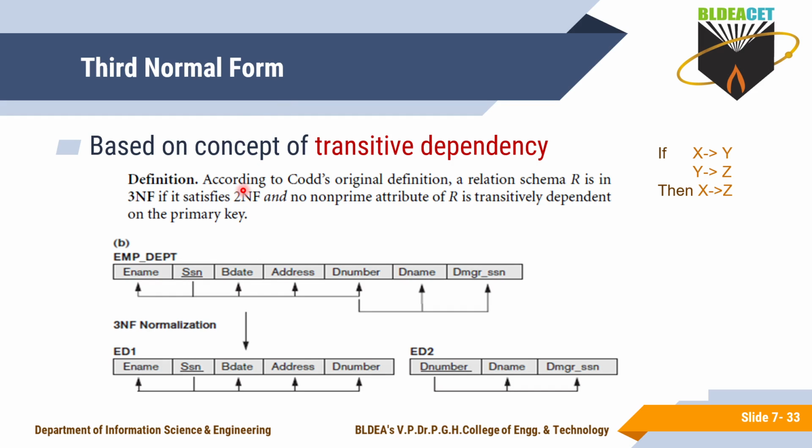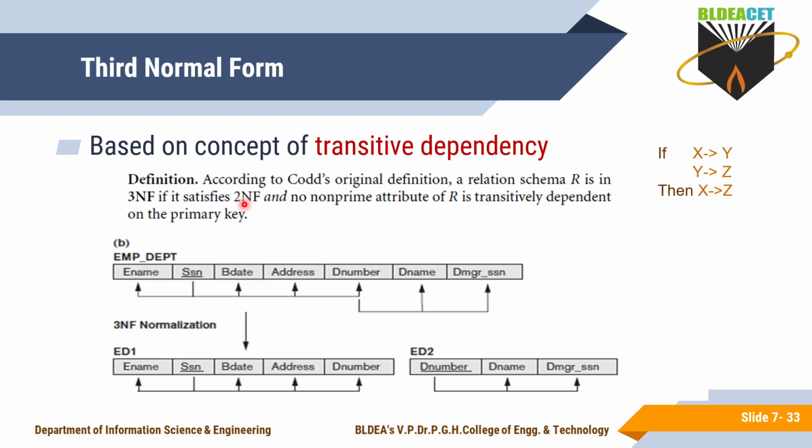What does third normal form tell? According to Codd's original definition, a relation schema R is in third normal form, 3NF in short form, if it satisfies 2NF. 2NF means second normal form. If any relation schema satisfies the second normal form, what does second normal form tell?